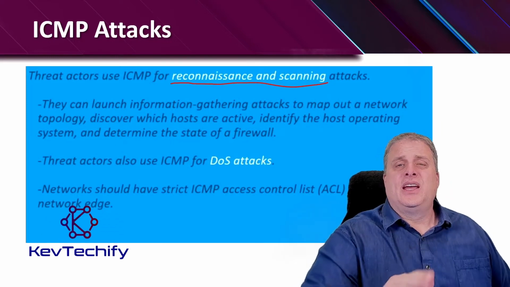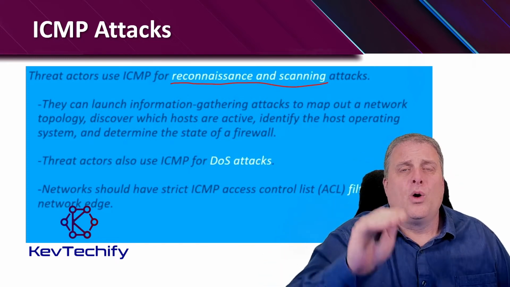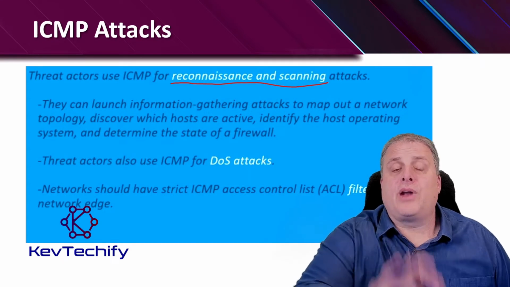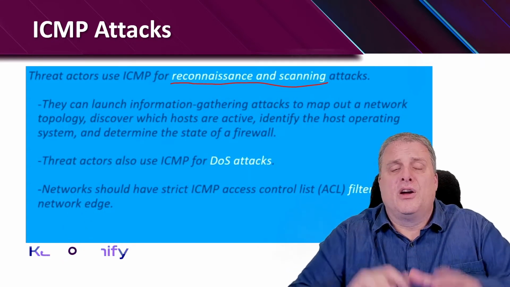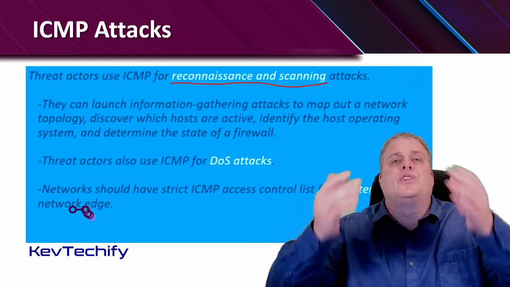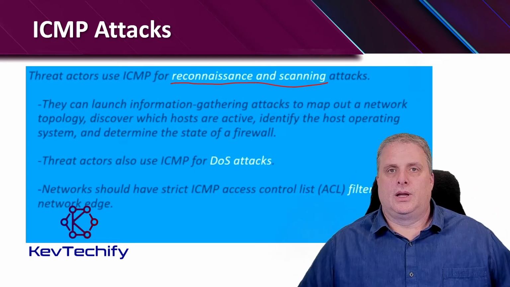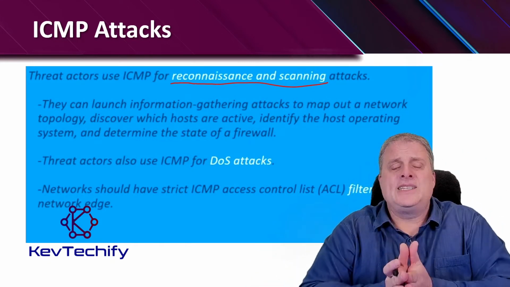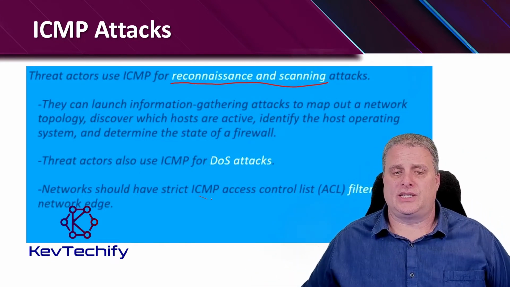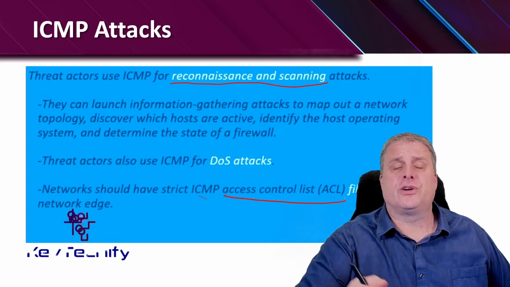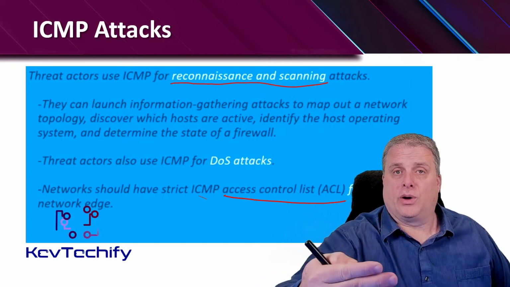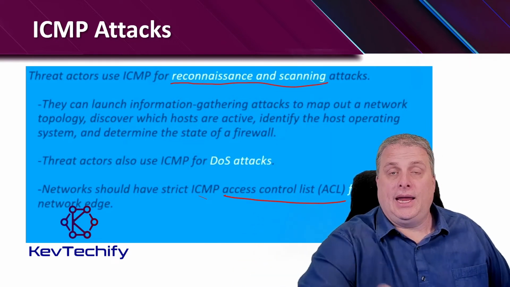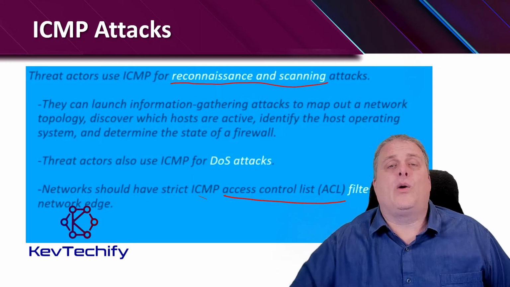And ICMP can even determine the state of a firewall, what can be reached through a firewall. Now, threat actors don't only use ICMP for discovery, they can actually use it for denial of service attacks. So networks should have restrictive ICMP access control lists, ACLs, filtering on our edge network. We're only letting in certain ICMP. And you should have it throughout your network topology.